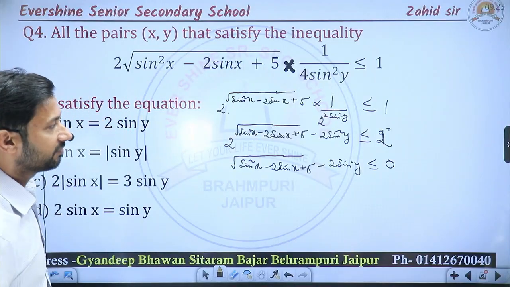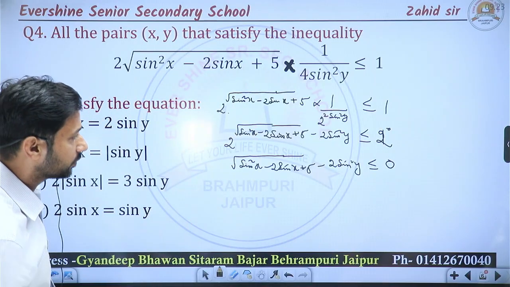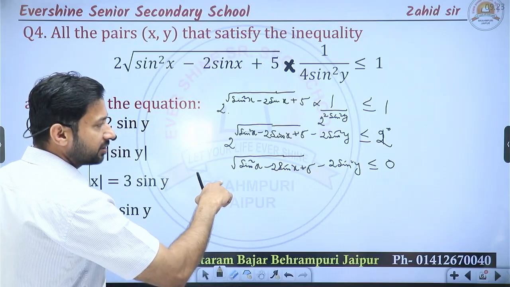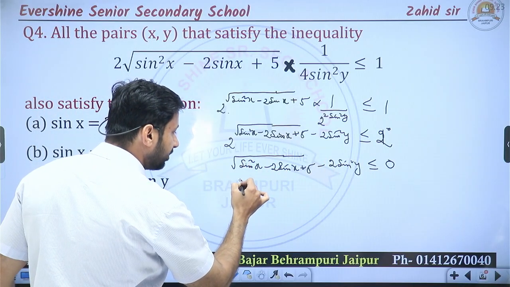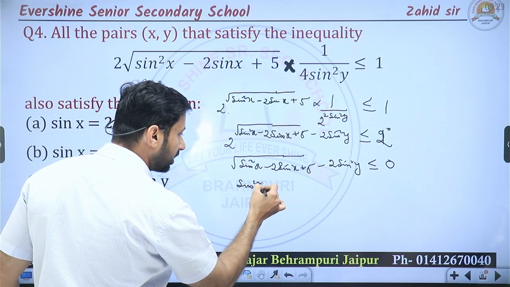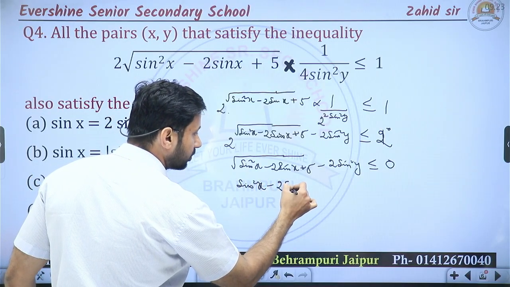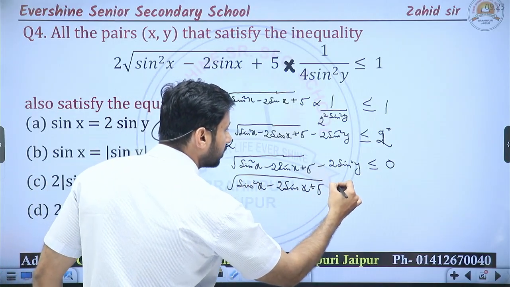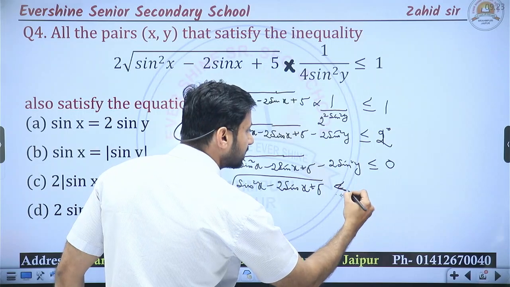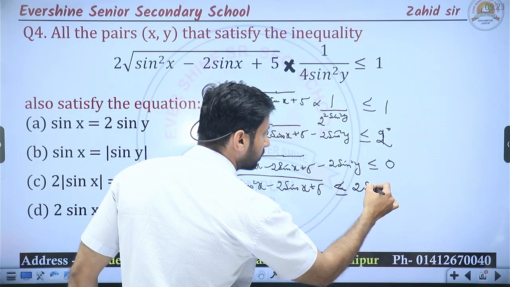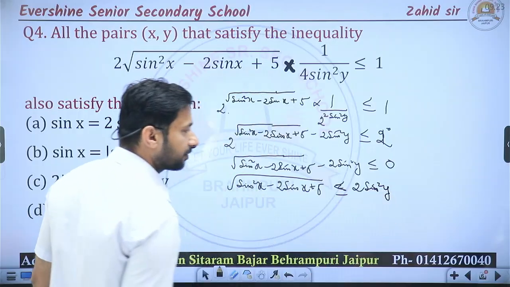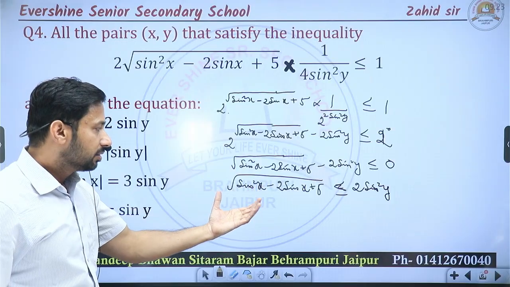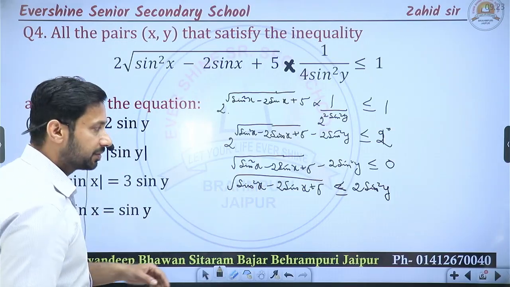I can compare the powers beta. We compared the powers. Okay, now this one I can transpose the term. So this will be sine square x minus 2 sine x plus 5 root less than equal to 2 sine square y. Okay, now I can solve it. I can find the solution by completing the square method.